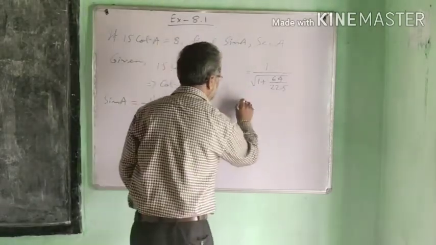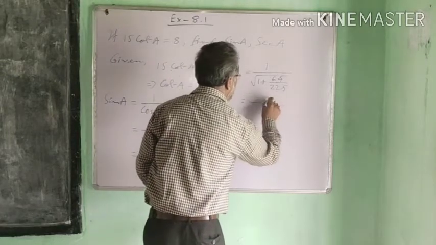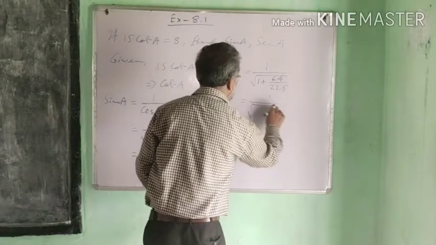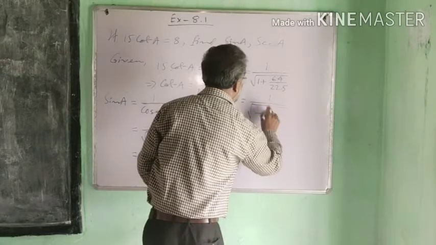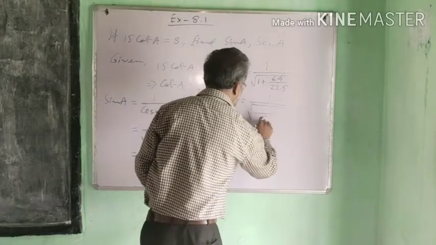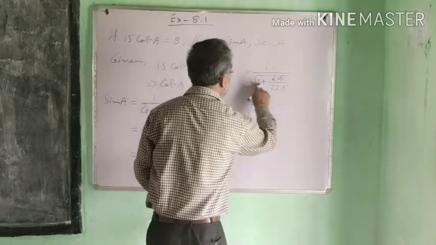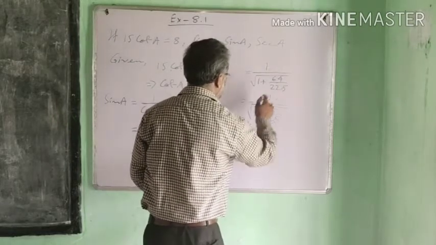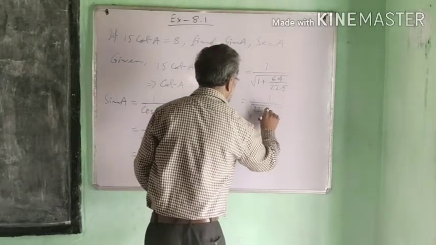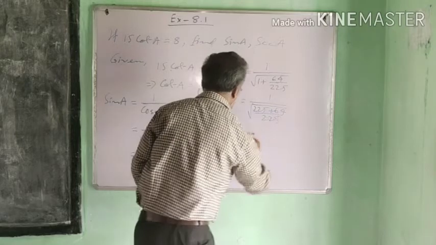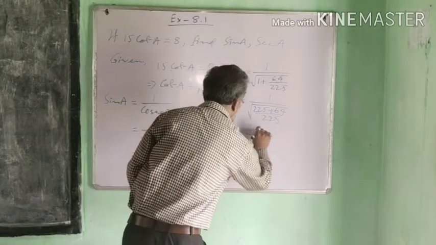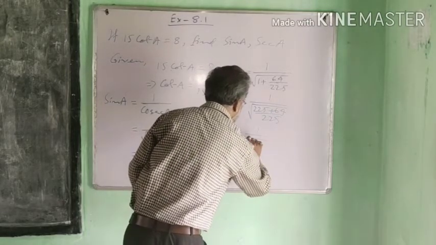You just want to simplify. It is equal to 1 by root over, the LCM of the denominators is 225, 225 plus 64.